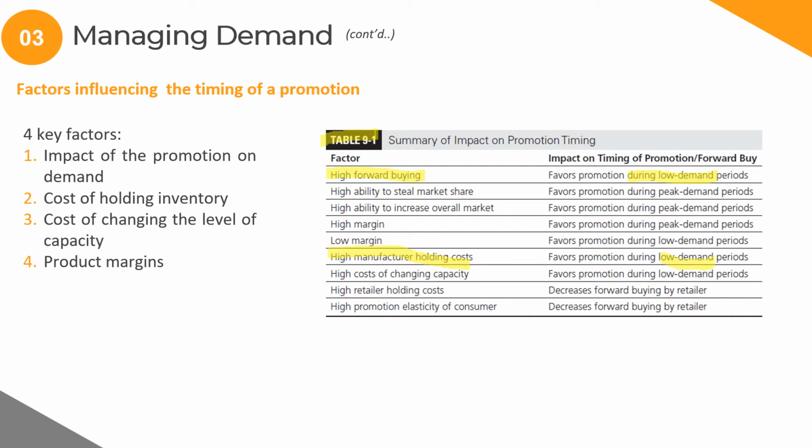And then the third one is if a promotion results in a significant increase in sales by attracting new buyers, it may be better to offer a price discount during the peak period. So when many buyers are in the market for the product, the increased cost of production because of the higher peak demand is likely to be offset by the margin obtained from the new buyers.